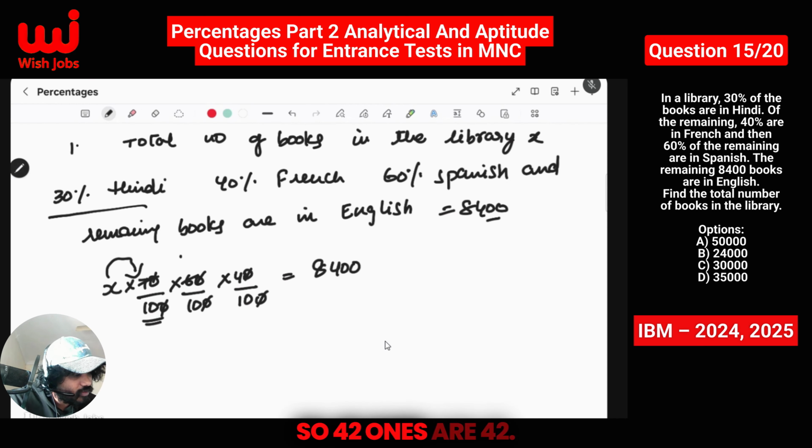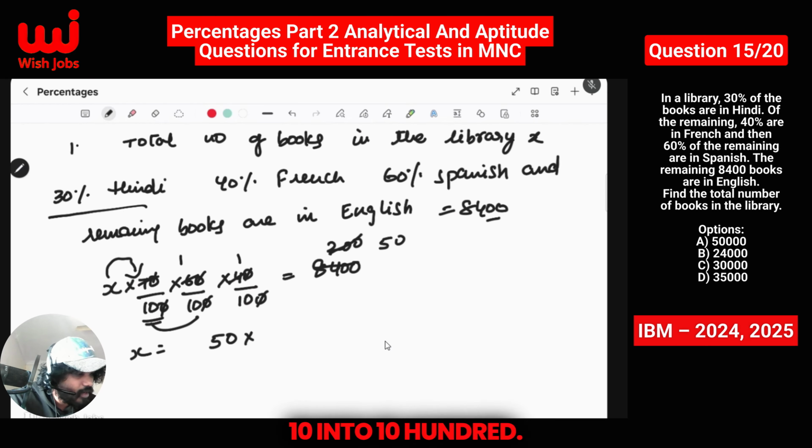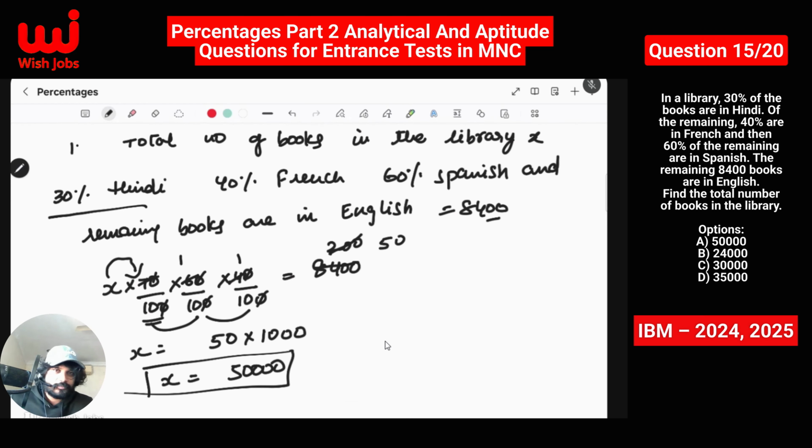So 42 times X is 84, 200s. 42 twos are 84. So X would be 50 into 1,000, which is X equals 50,000. So there are 50,000 books in the library.